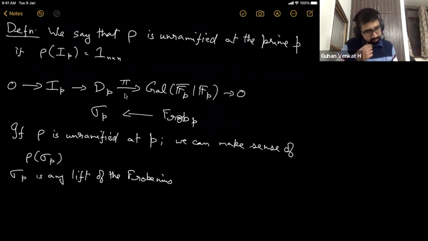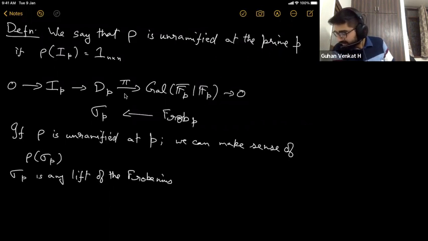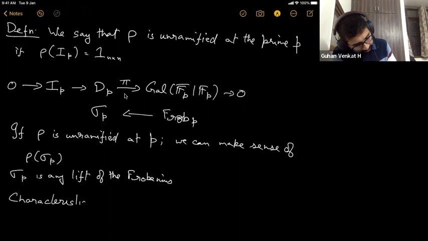And once we have that, since it's unramified, the image of inertia is just trivial. So you have a well-defined quantity up to conjugation, and then we can also make sense of the characteristic polynomial. So we call this the characteristic polynomial at the prime p.